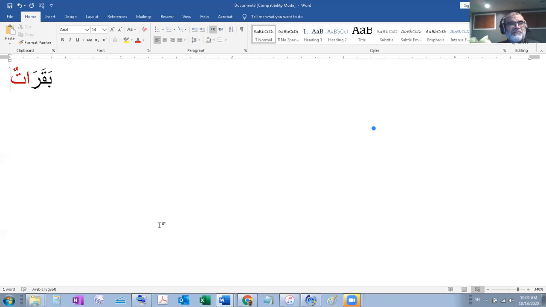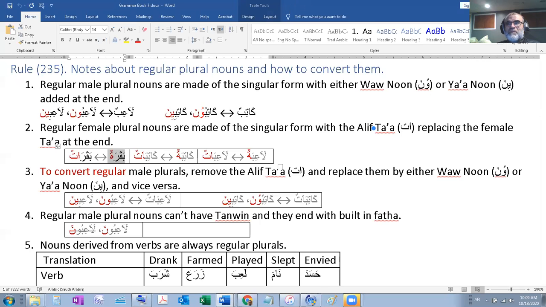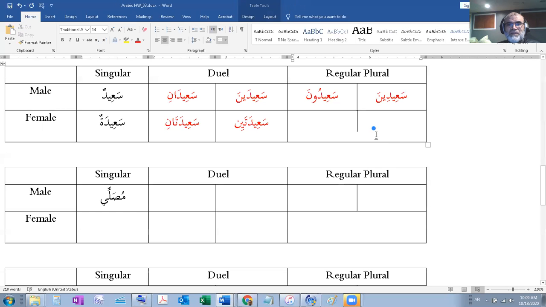Okay? So again, I cannot take this and add ألف تاء. I have to delete the تاء مربوطة because it does not exist, and then you can use the تنوين: سعيدات.